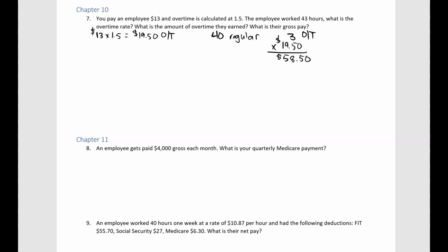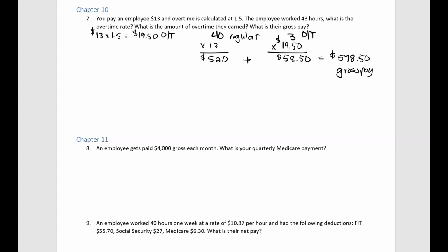Now their gross pay, let's calculate that. 40 hours a week at $13 is $520. If you take his regular hours of $520 plus his overtime of $58.50, you get a grand total of $578.50. This is his gross pay.